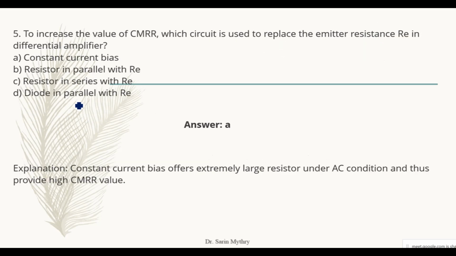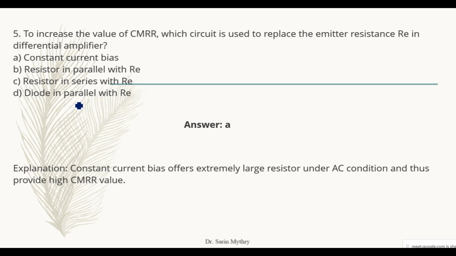So the next one: to increase the value of CMRR, which circuit is used to replace the emitter resistance RE in a differential amplifier? We all know what CMRR is. CMRR is a ratio, or else we can say that it is a quality factor which tells about the common mode rejection value.